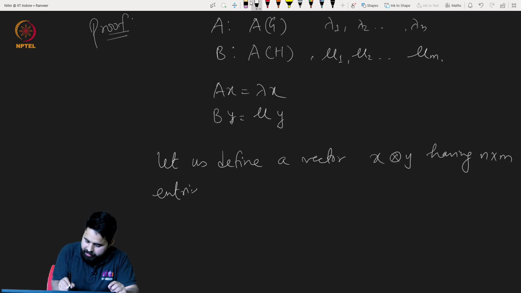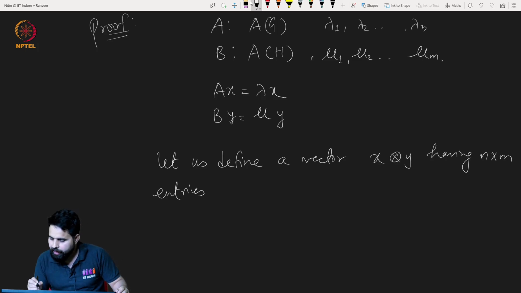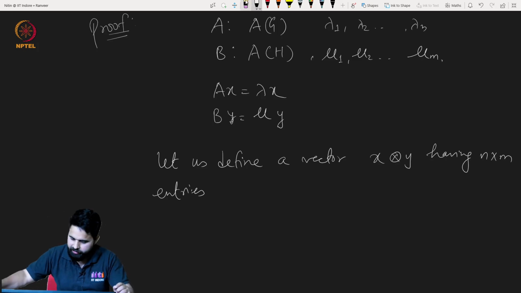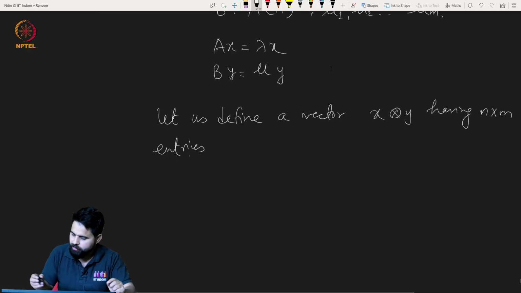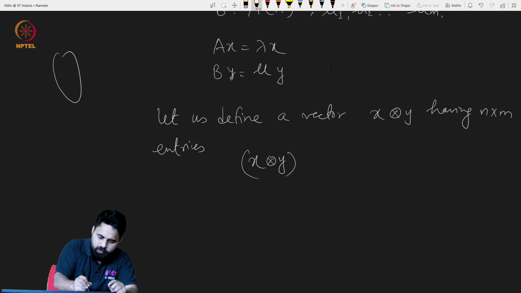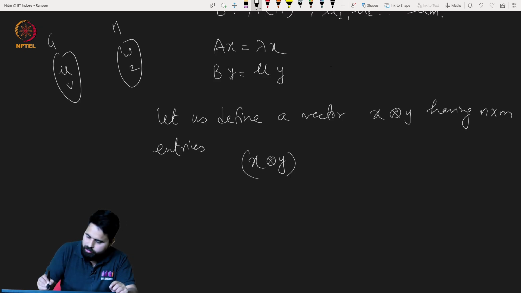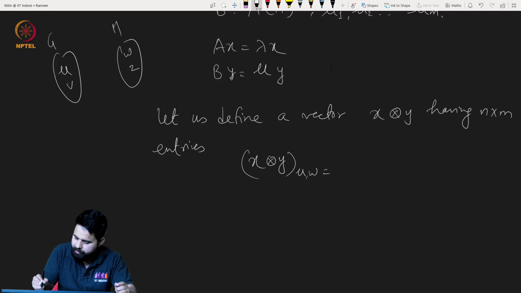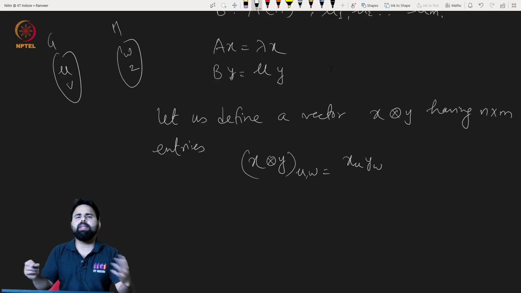So there are nm entries. Suppose, with respect to this same graph G and H, the vertices are u, v and w, z. Then the entry (u, w) of this vector is nothing but x_u times y_w. So this is very well defined.